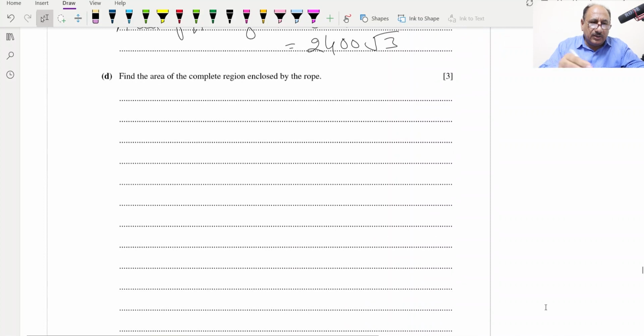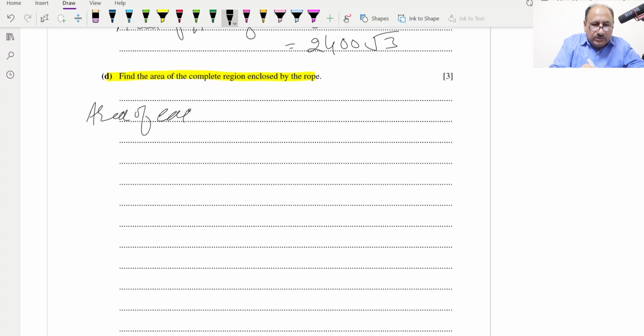Now D part says find the area of the complete region enclosed by the rope. So area of each rectangle. Which rectangle we are talking about?